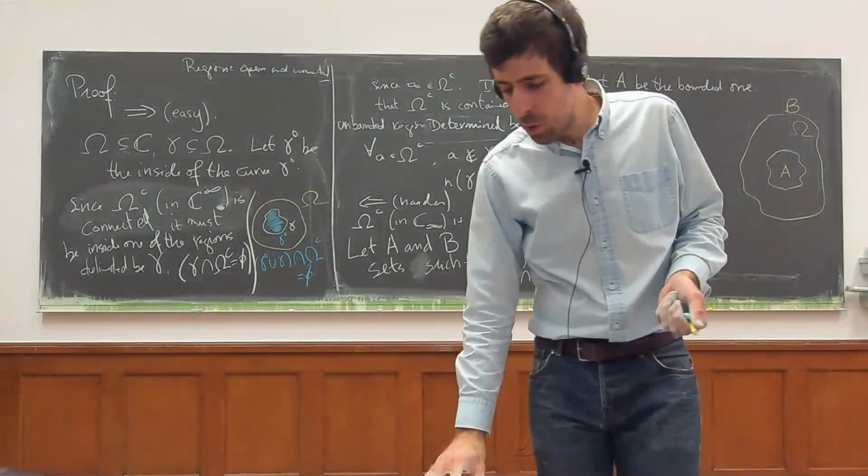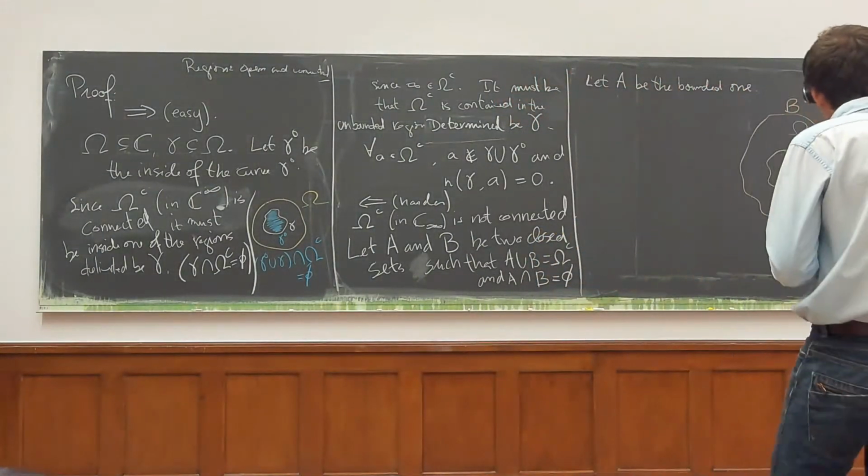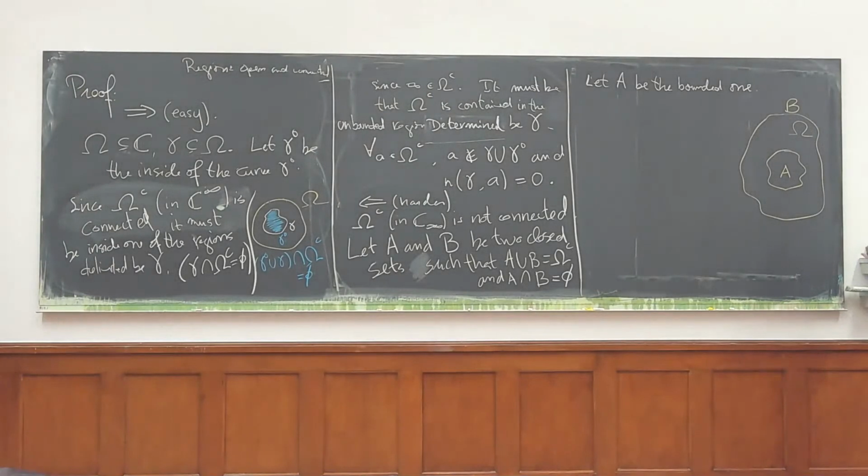Okay, so now what's going to be the strategy? Before we actually go with the proof, the strategy will be to try to make a curve go around A and argue that this curve, with respect to a point A in A, has winding number that's not zero.